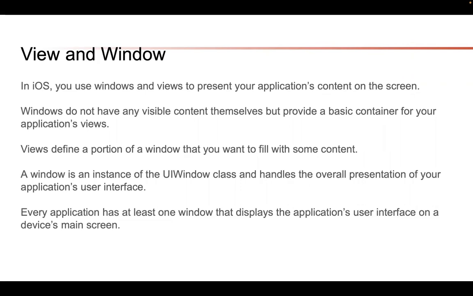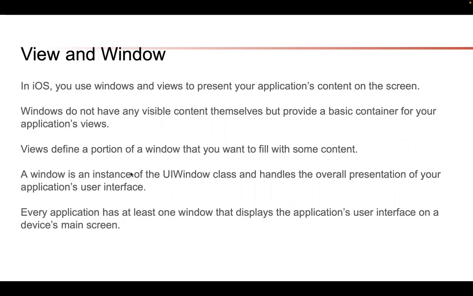What we used to do is define a portion of a window that you want to fill with some content. So on top of UI window, there are views, which are visible, and they give you the provision to add more subviews to fill that view with your content.